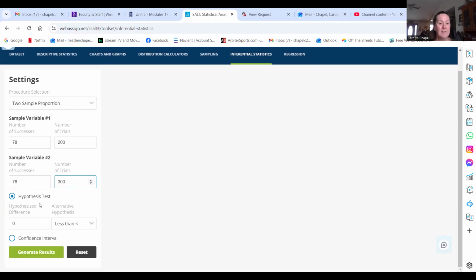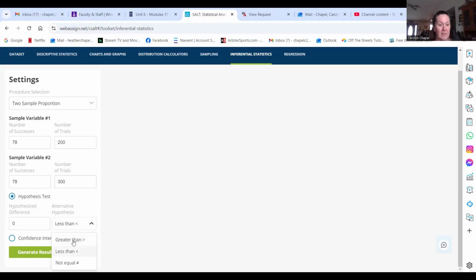The hypothesized test difference, that's going to be the 0 that we saw when I put them on one side. So when I wrote them as pn minus ps, then it was equal to 0. This is that 0. And we were doing it versus, I wanted to say we did a greater than.